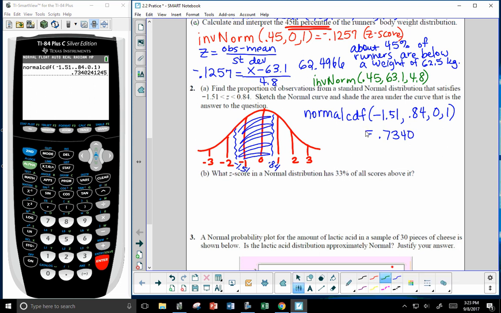Okay, so I'm going to do inverse norm of 0.67. Mean is 0, standard deviation is 1. Run it, and we get 0.4399.